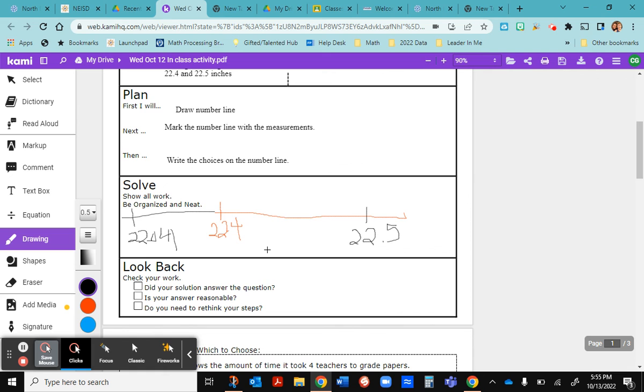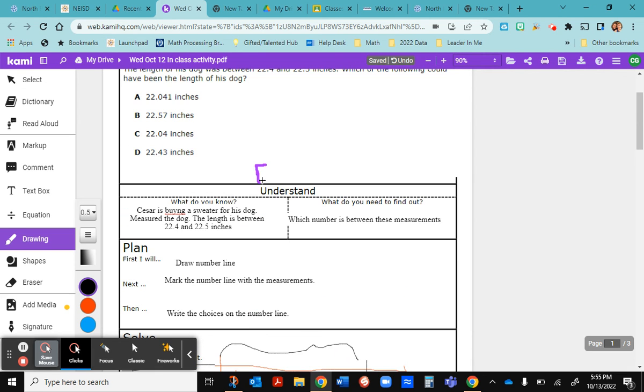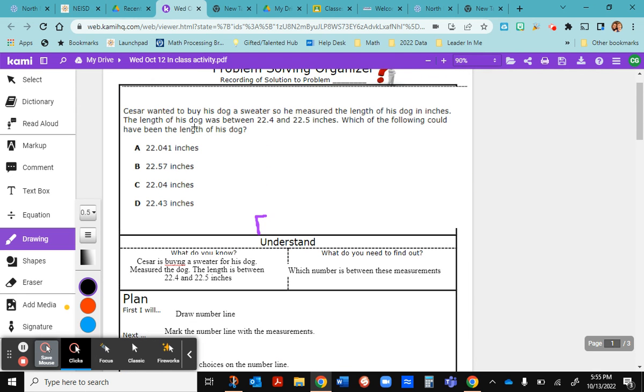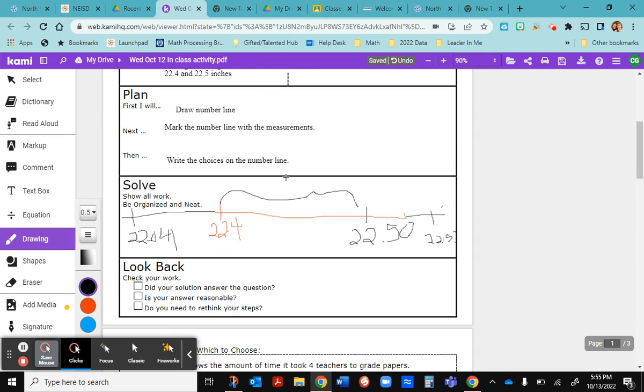Okay, so does that work? Is that in between here and here? No, not at all. So let's look at the next one, 22 and 57 hundredths. This is 50. 57 is going to be over here, right? So does that work out? Absolutely not. So I can eliminate this one. I can eliminate this one. What about 22 and 4/10?